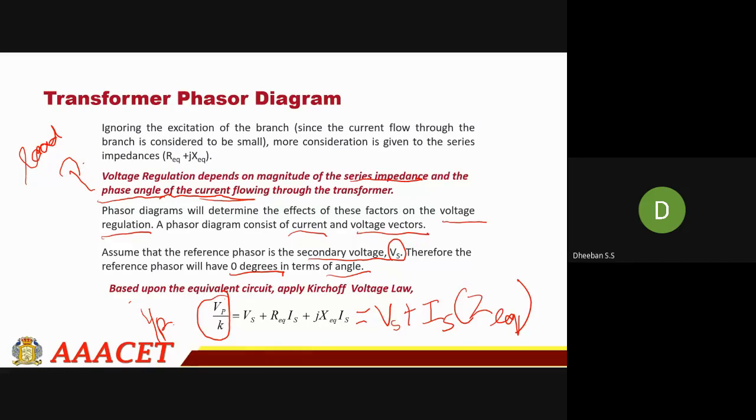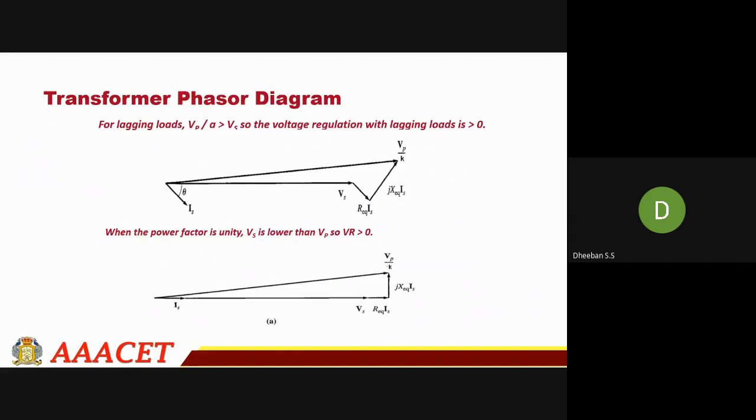Now moving on, the phasor diagram based upon the load. With lagging loads, which I have already said are inductive loads, your current will be displaced by an angle of phi. Here it is very clear that your Is is behind your voltage Vs. But in the case of unity power factor or a resistive load, your voltage and current are in phase.